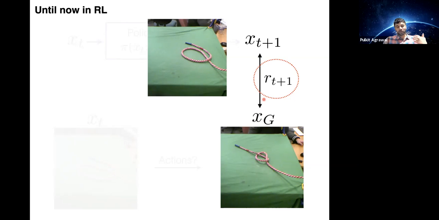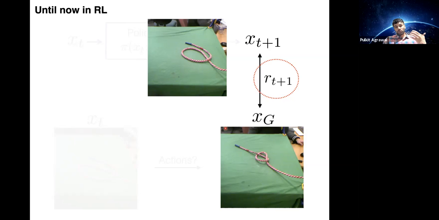And so one thing I could say is, maybe I'm going to take some difference between these two images. But if I take this difference in the pixel space, it is not very meaningful. Now, why is that? Because I could just shift the rope, even if the rope had a knot, but it is shifted relative to my goal image, then my pixel difference is going to be super large, right?